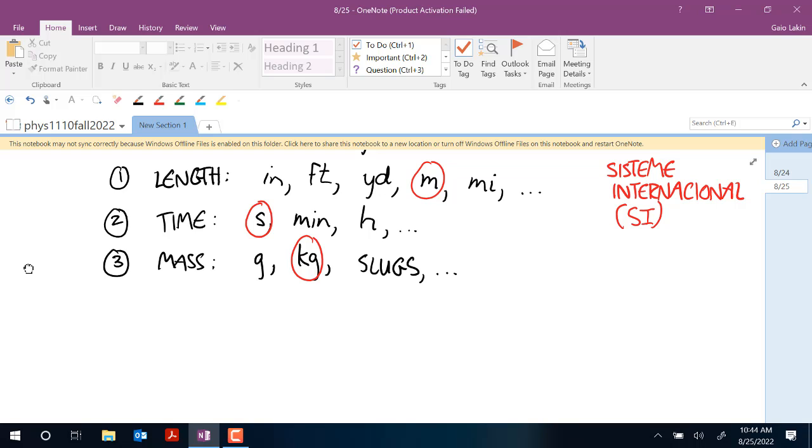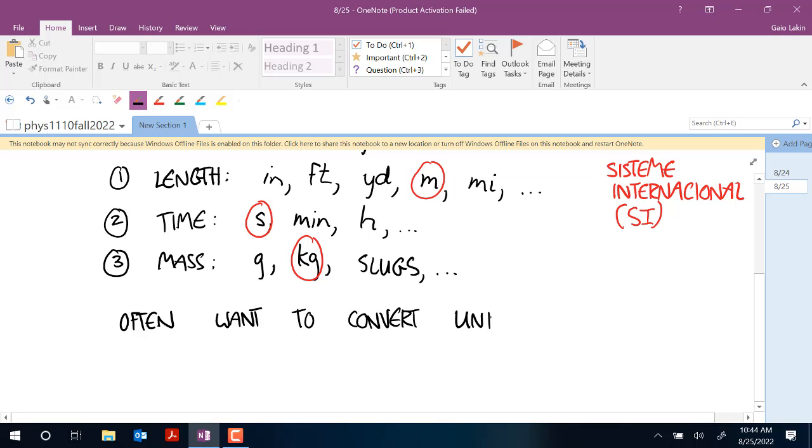And so often we're going to want to convert units to another unit of the same type.